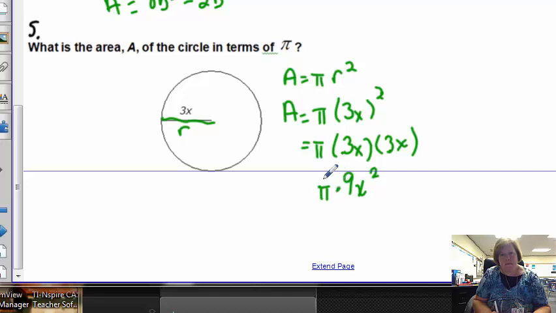So I now have pi times 9x squared. But mathematicians would say that looks weird to write it that way, because they always like to put the Arabic numerals first. Even though pi is a value, they would write it second, because it looks like a variable, and then we would write the x squared, because it said to leave in terms of pi, so that means pi must be present in our answer. Okay.